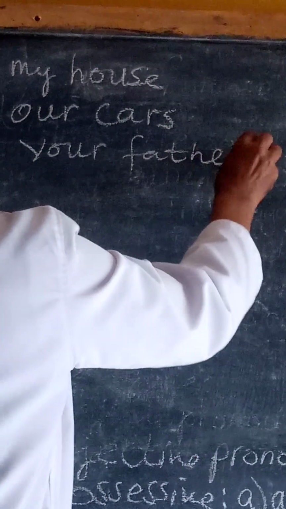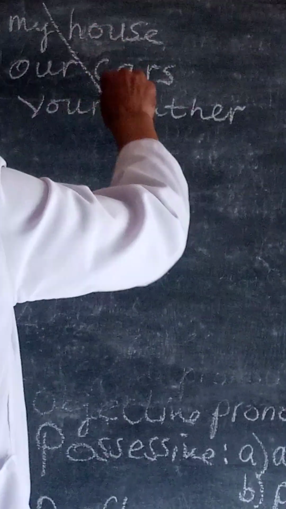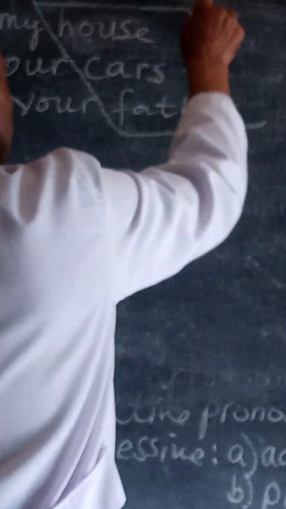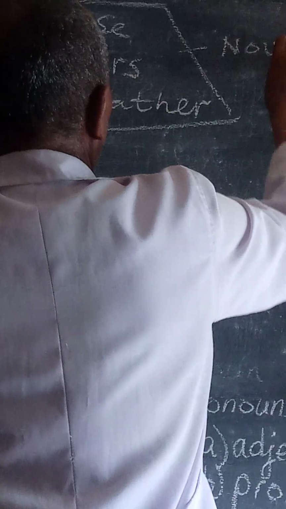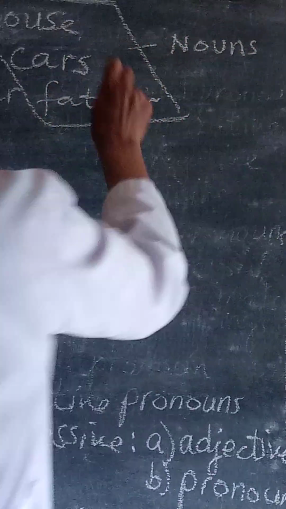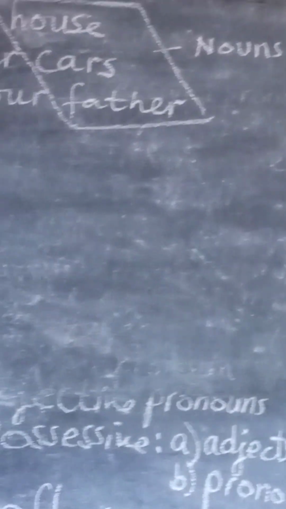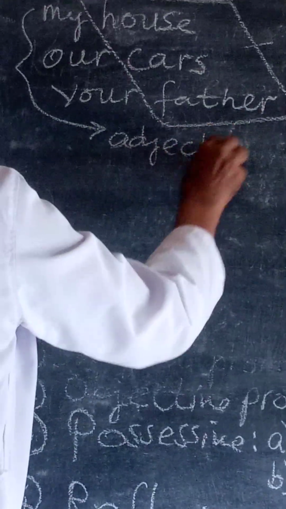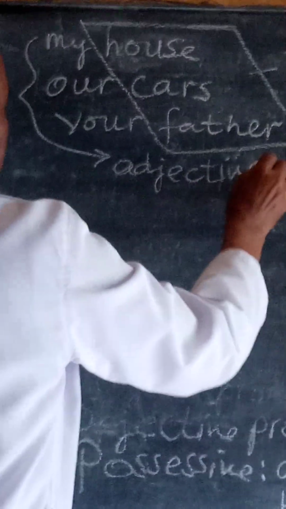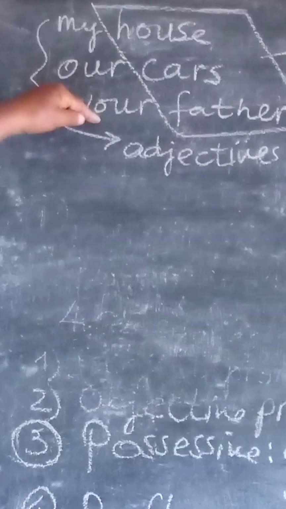If you look at all these, this part of the writing is in noun form. All these are nouns. So these parts are adjectives. My, our, your is an adjective.